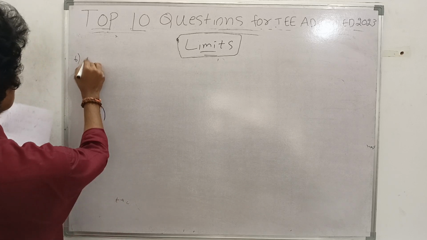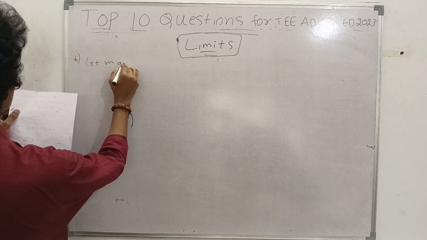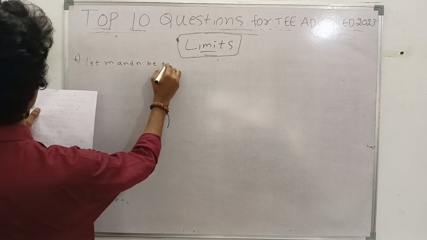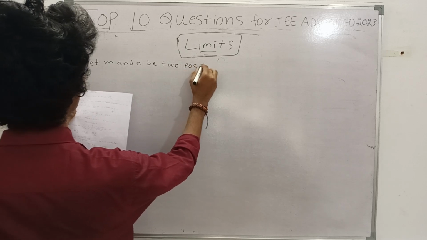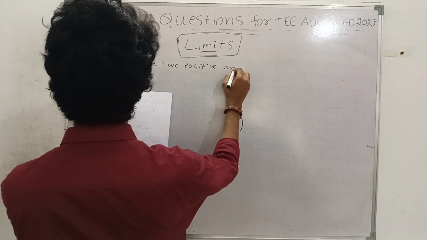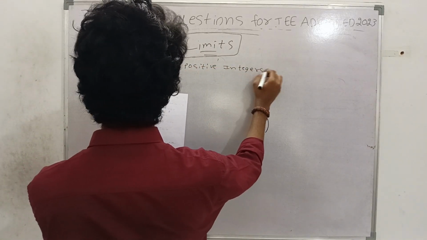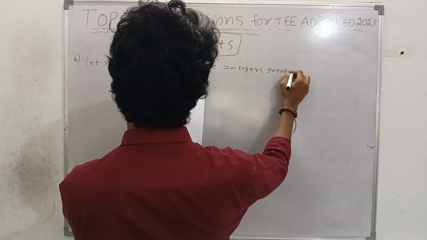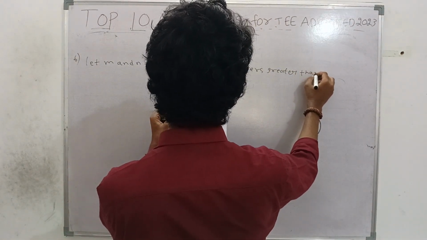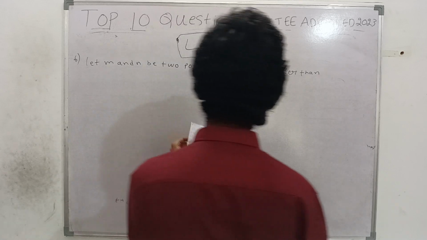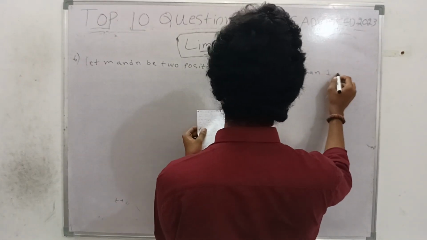Sixth question. Let m and n be two positive integers greater than 1.